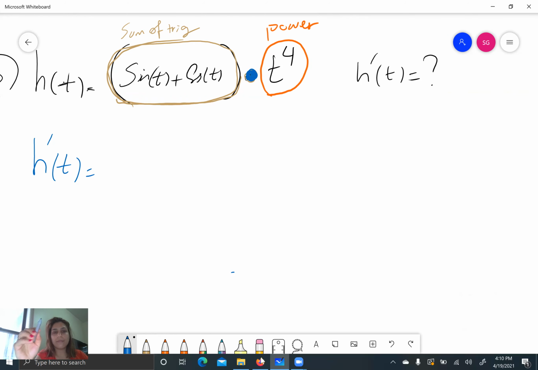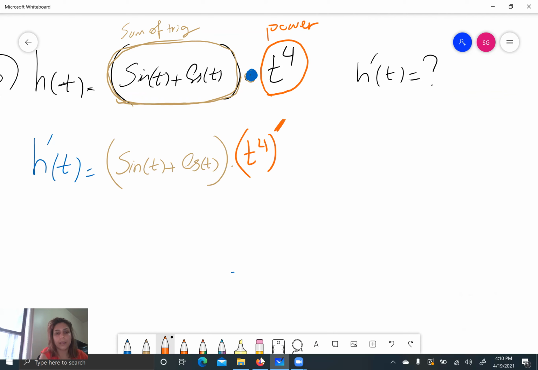So what does the product rule say? It says just state the first function, which is the sum of these functions, and then multiply it by the derivative of the second one, plus, now take the derivative of the first function and multiply it by the second function.